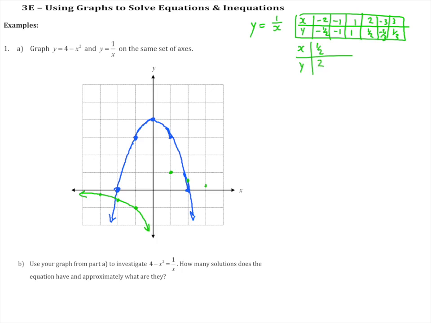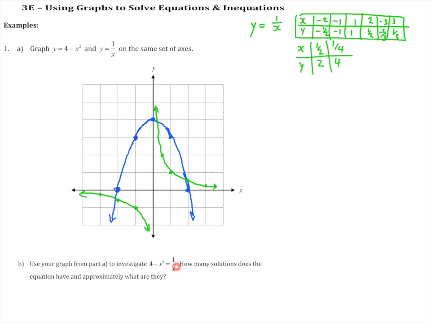So go to a half, I'm up at 2. If I go to a quarter, 1 over a quarter is up at 4. So a quarter, up at 4. So it's going to go through like this. And there's my sketch.